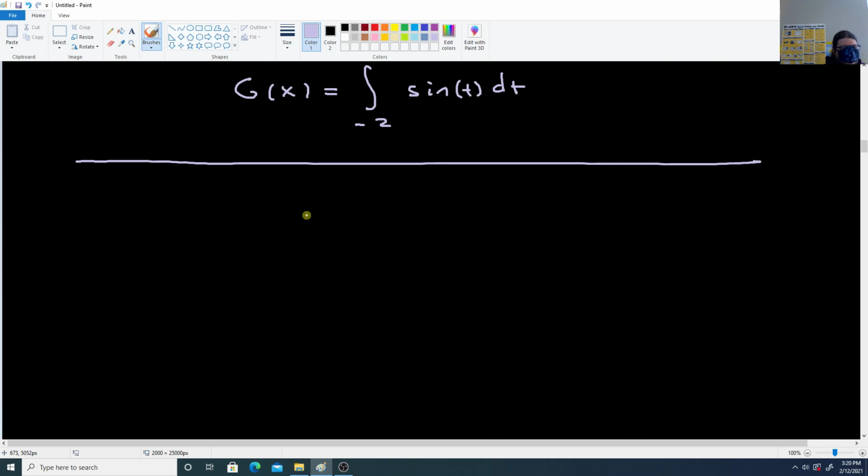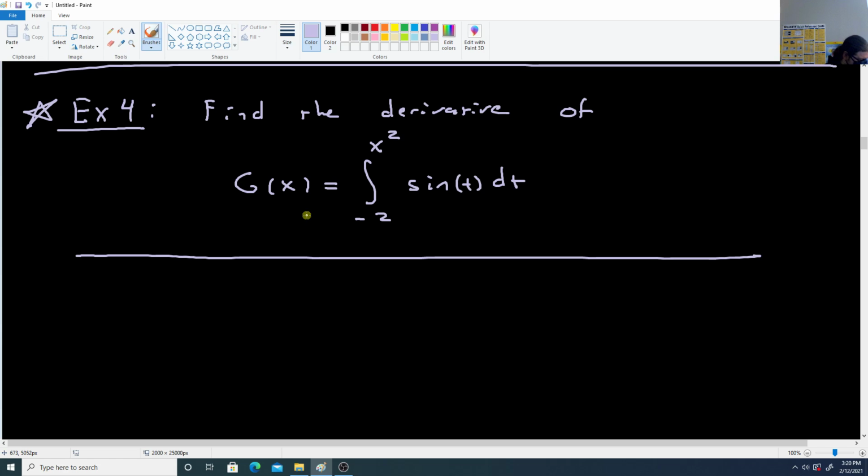So what I need to do is set this up as a slightly different expression. We're going to say g of x is an area function, but instead of evaluated at x, it's an area function evaluated at x squared.